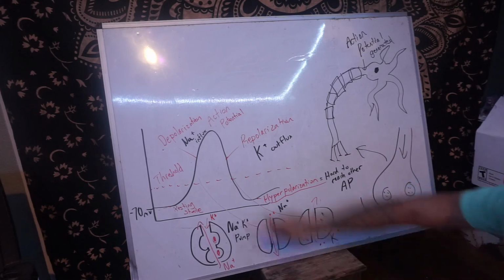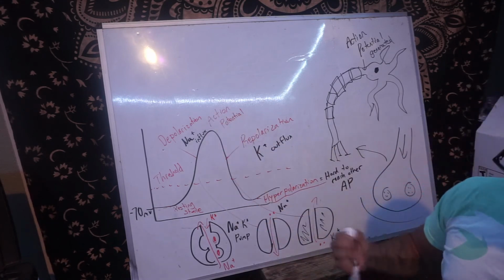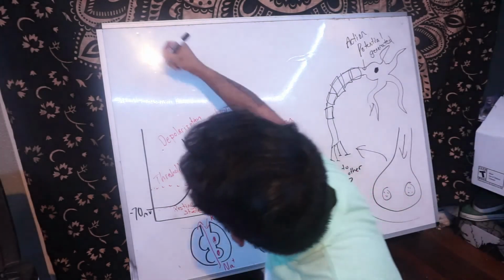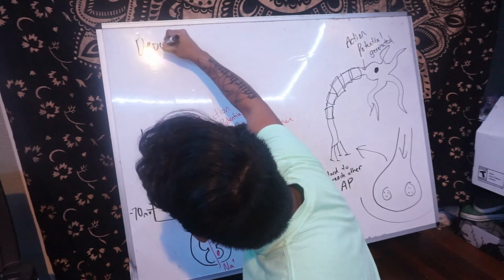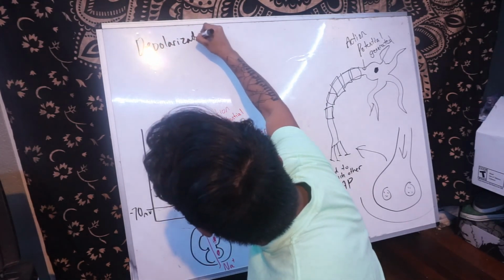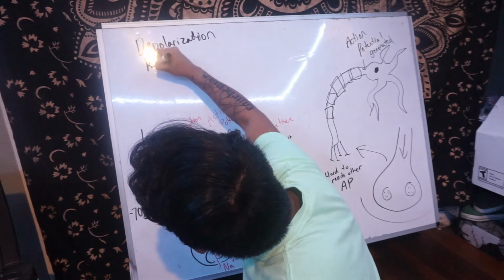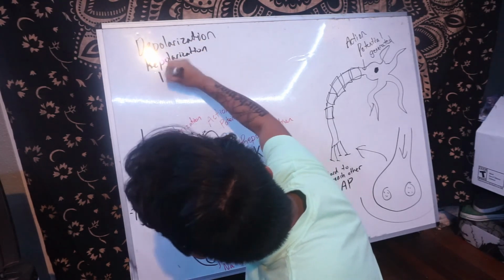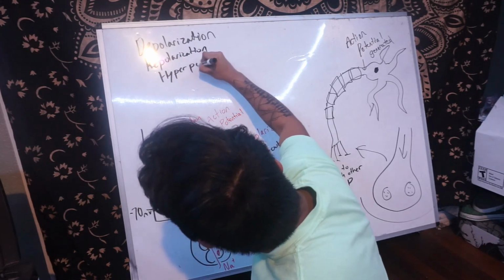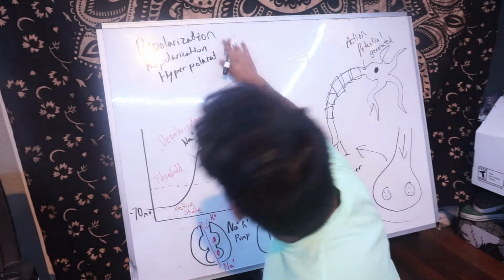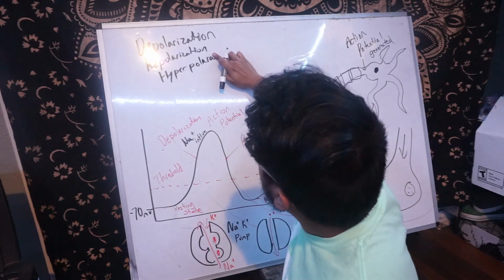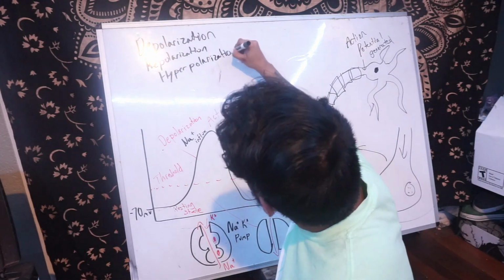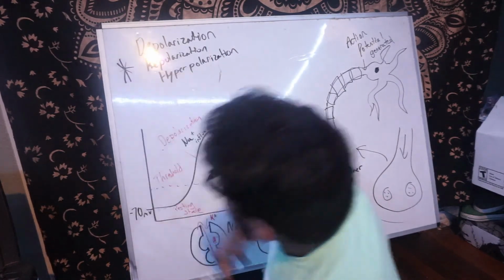You really just have to know depolarization. So let me write some key things up here. You just have to know depolarization, repolarization, hyperpolarization: what they do, what they are, how they work when it comes to this.